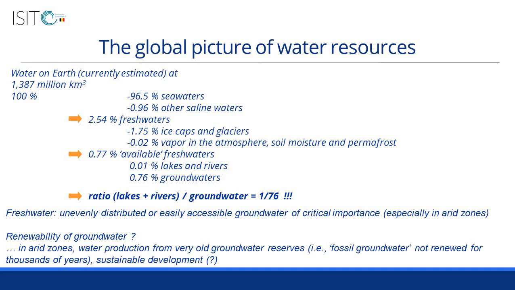The rest is from ice caps and glaciers, vapor in the atmosphere, and the majority is seawater. This freshwater then again is unevenly distributed, which hides huge regional differences too.